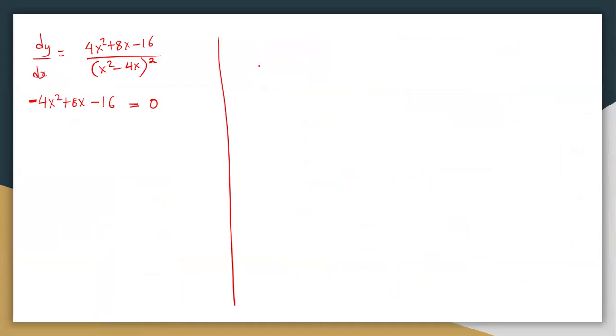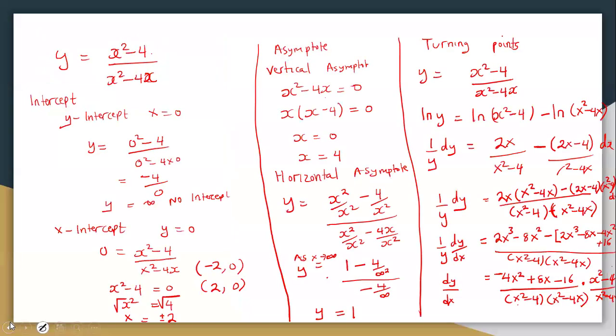Are the rest okay? Let us know in the chat. Jimmy says no. Jimmy, where is the problem? Where you introduced the ln, then you differentiated it for the first time, I'm having 1 out of y dy dx is equal to x out of x squared minus 4 minus 2x out of x squared minus 4 again, minus 4x. When you differentiate this, what do you get?